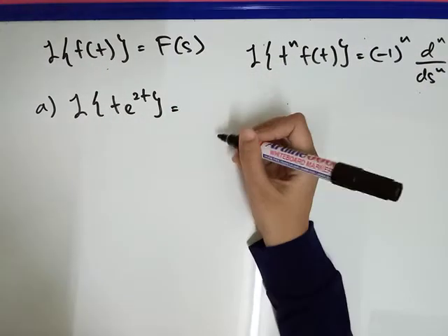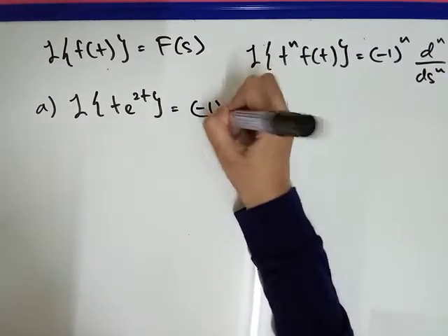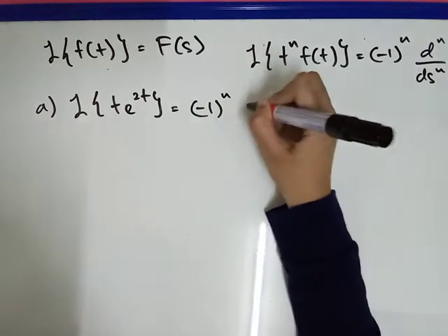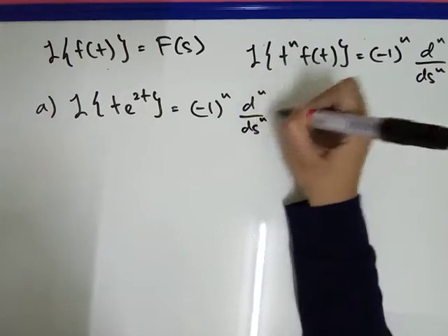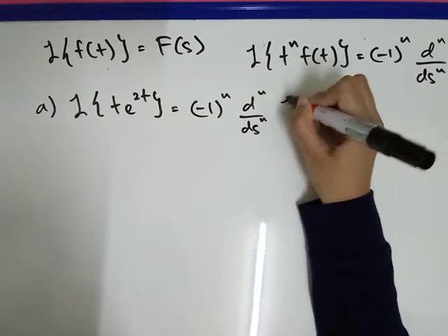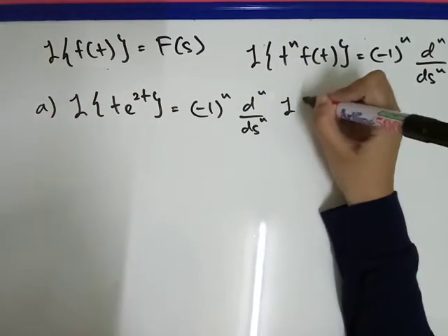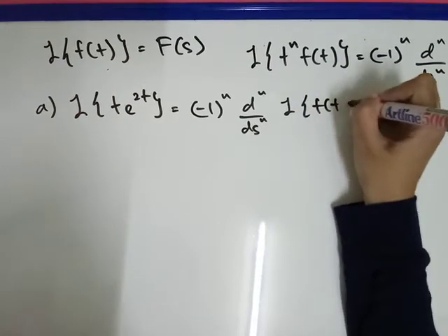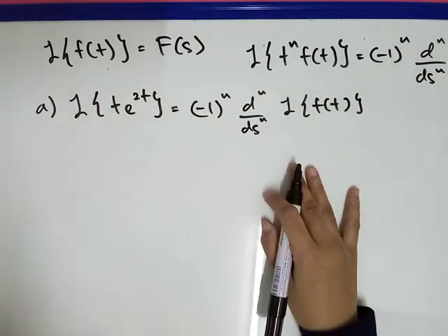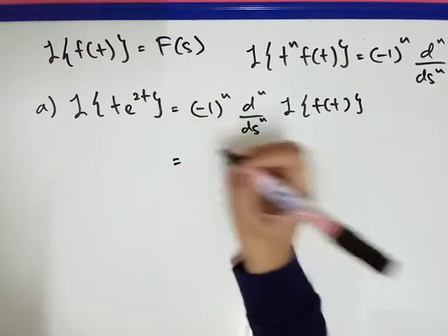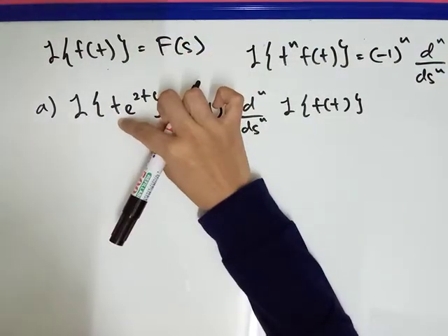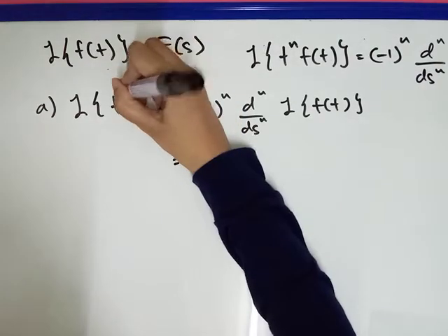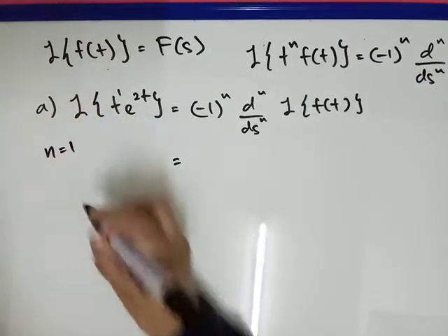So it is equal to -1. What is the formula? -1 to the power n, and then the n-th derivative of the Laplace of the function f(t). We know that n refers to the power of t, which is 1, so n equals 1 here.